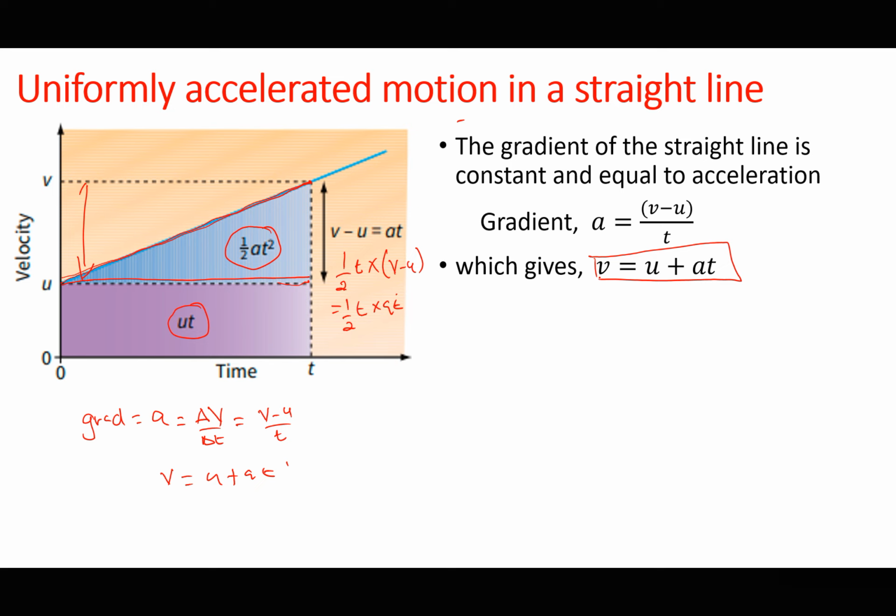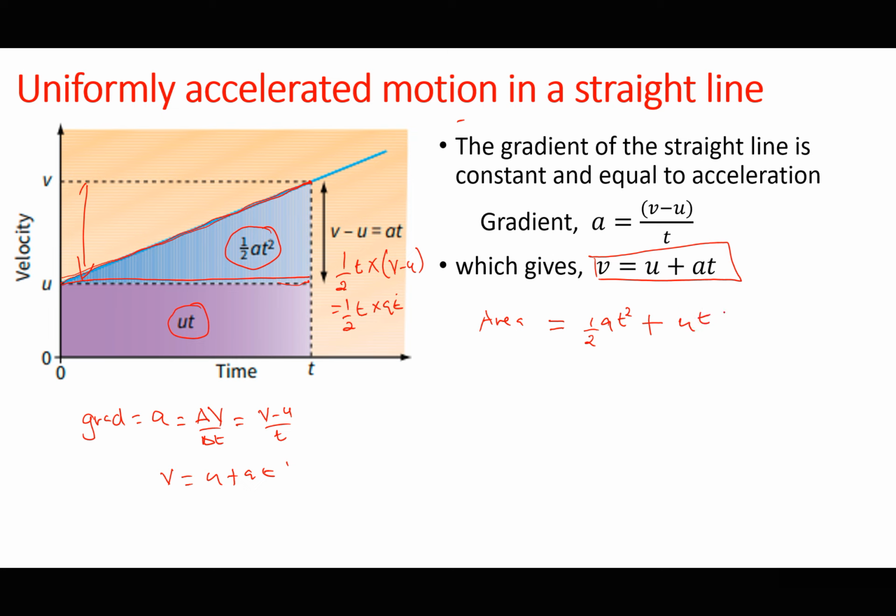However, I want you to notice that I can also obtain the area under this graph and see what I obtain. If I try to find the total area under this graph, you'll notice that the area would be equal to the area of a triangle, which is a half at squared, plus the area of the rectangle, which is u times t.